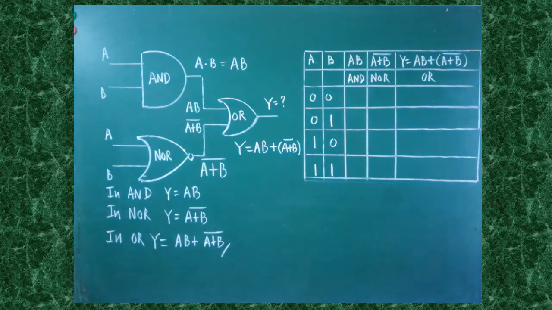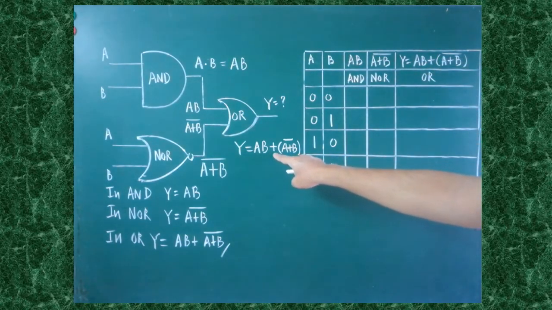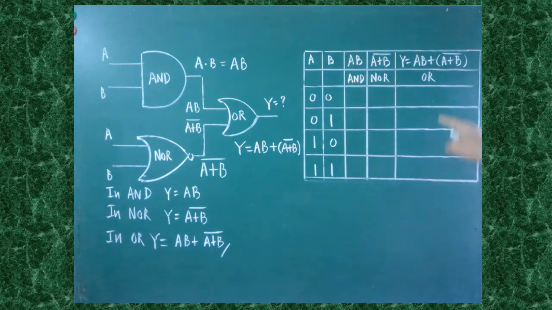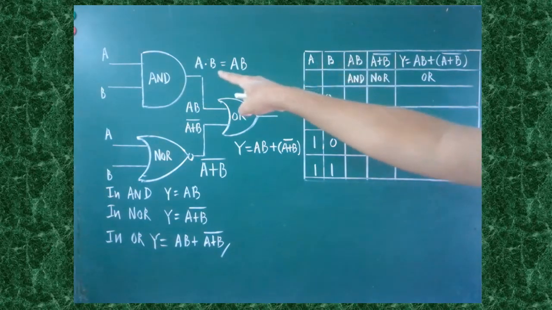For that we have to write the truth table. Are you clear? Here I have given the set of inputs. Finally we have to find out the answer for the final column, that is, the final output values. AB, that is the output of the AND gate.